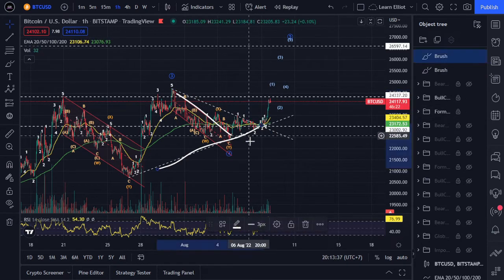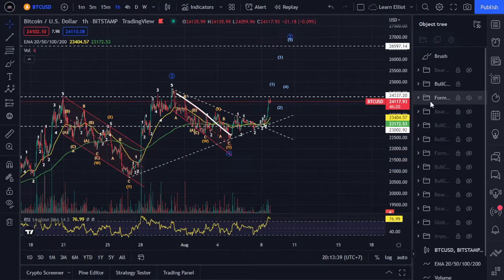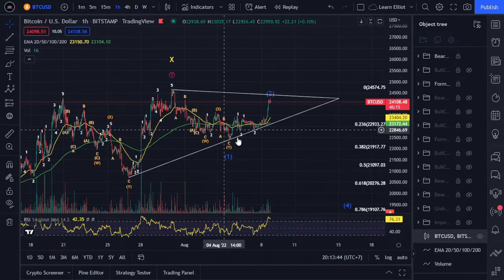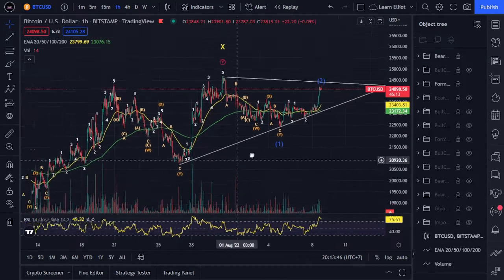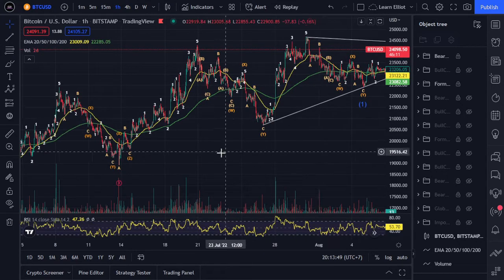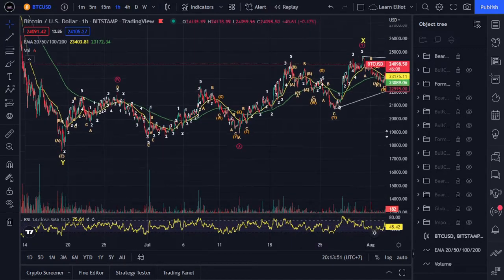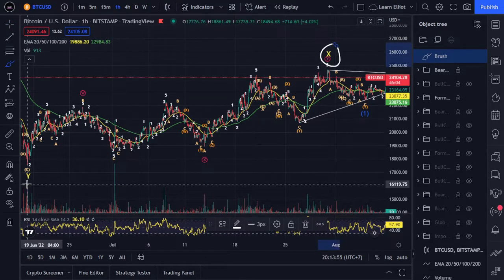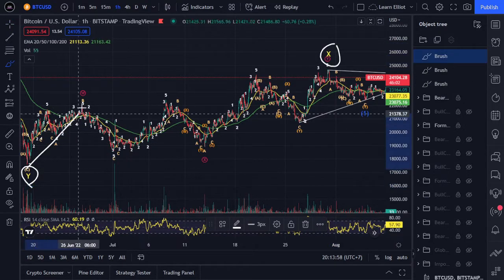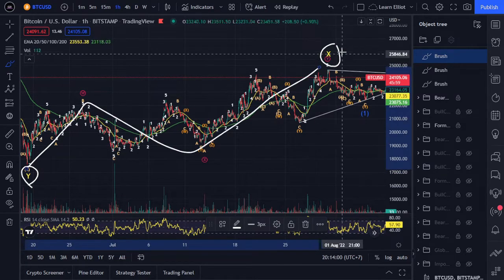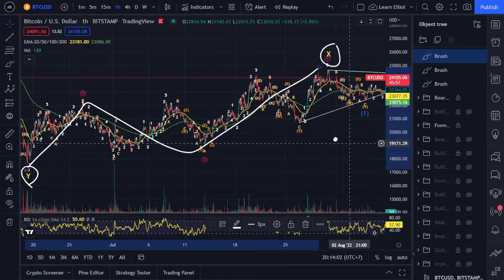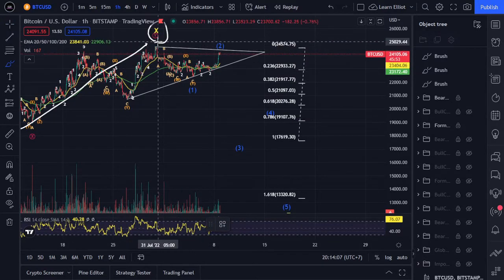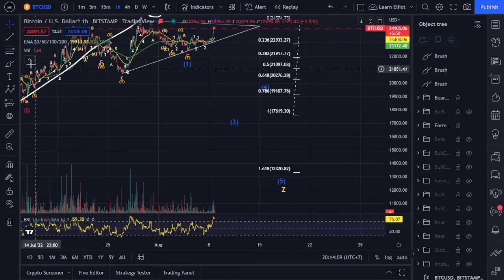Let's take a look at the bear case scenario now. In the bear case scenario, it's actually the same but a little bit different, because I'm assuming that the X wave here is already complete. From the XY here, we already have a WXY correction to wave X here. Now we are in our direction to wave Z around here.